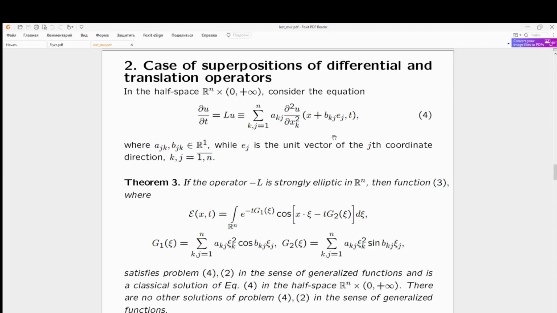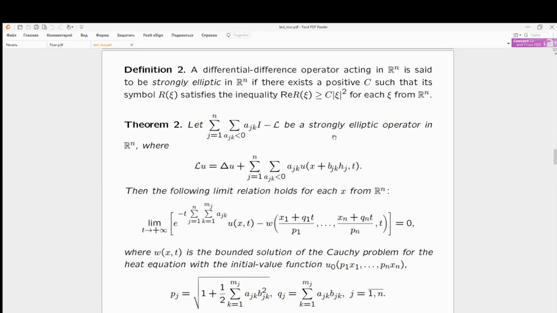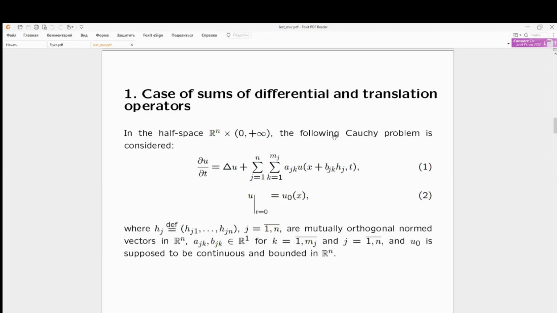So this is the correct and natural classification for differential difference equations. And you will see the qualitative difference below. So what is done for the problem 1, 2?